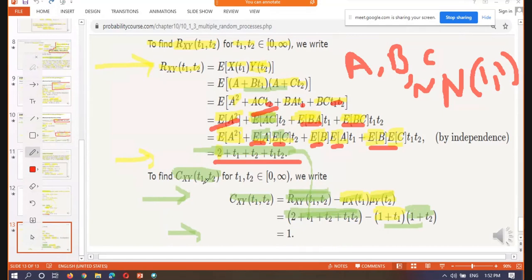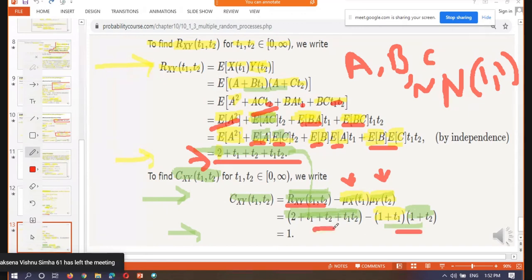Now the cross covariance. We have already calculated Rxy(t1, t2) in this step and the mean functions in the previous slide, and we substituted all these values. After simplification, we are getting 1. So this is the way we calculate the mean function, autocovariance, autocorrelation, cross covariance, and cross correlation function.